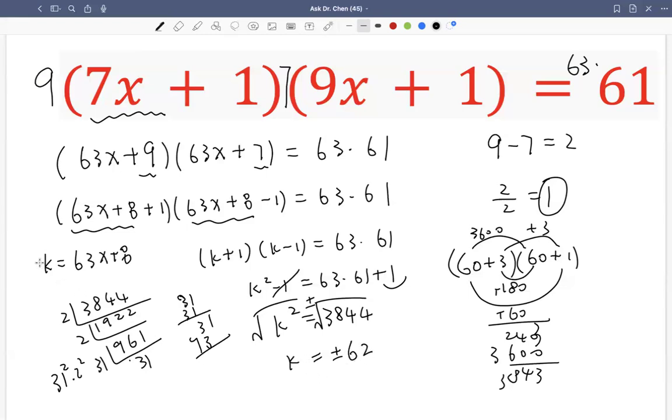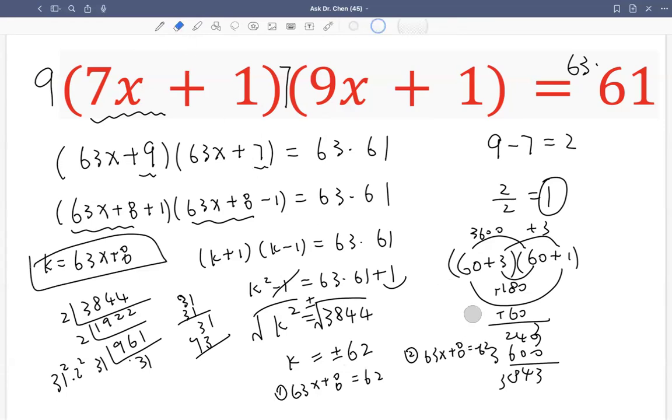So put it back in, like k equals this. So k, 63x plus 8 equals to 62. That's 1. 2, 63x plus 8 equals to negative 62. So let's solve this.